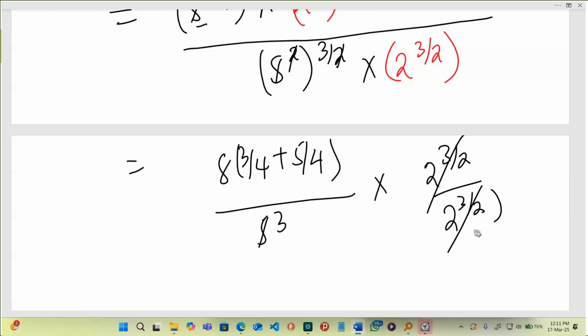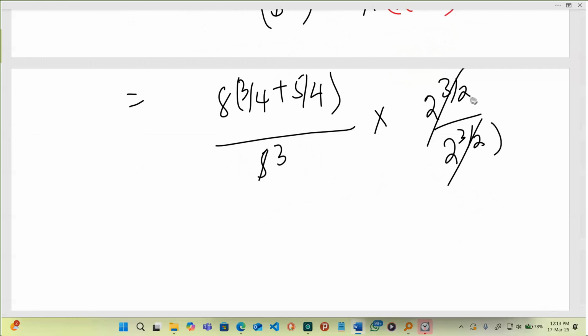So that and that go. If I add this and that, this is the same as having 8 to power 3 plus 5 out of 4, which is 8 divided by 4, and 8 divided by 4 is 2.